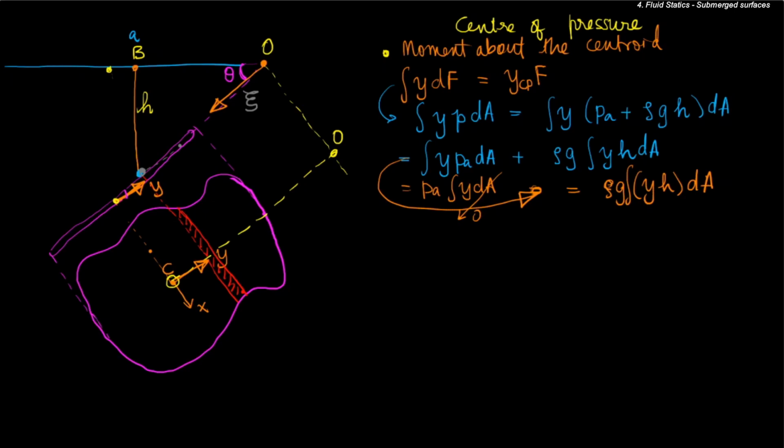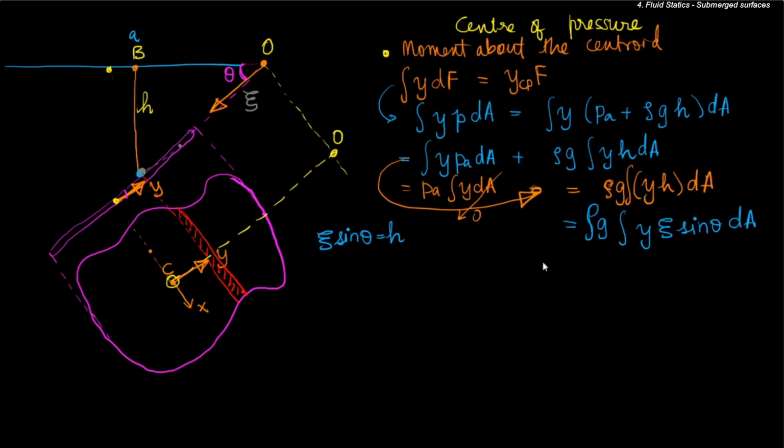So let us recall that xi sine theta is equal to h. Okay, so if xi sine theta is equal to h, then we can write this particular integral as rho times g integral, so y times xi sine theta times dA.